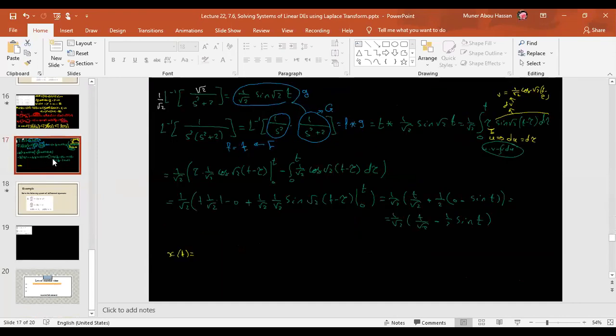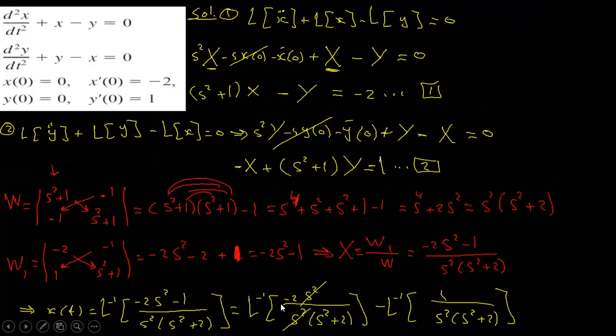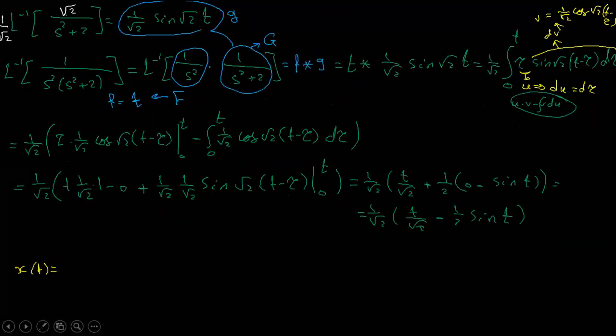Am I right? This x(t). So here x(t), go back to this. So it's negative 2 of the first answer, which is 1 over root 2 sine root 2t.